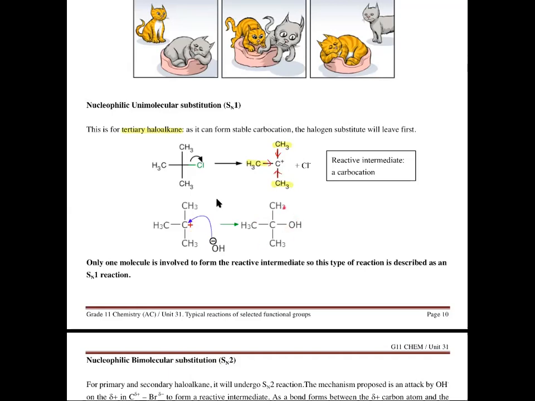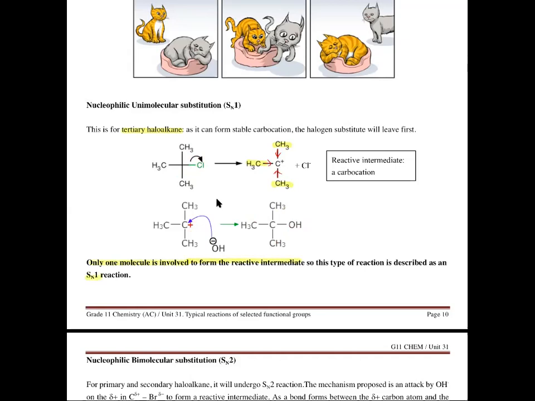If we compare the product with the previous starting molecule, you can see hydroxide has replaced the position of this chlorine. So that's the SN1 reaction. Only one molecule is involved to form the intermediate, so it's called SN1.